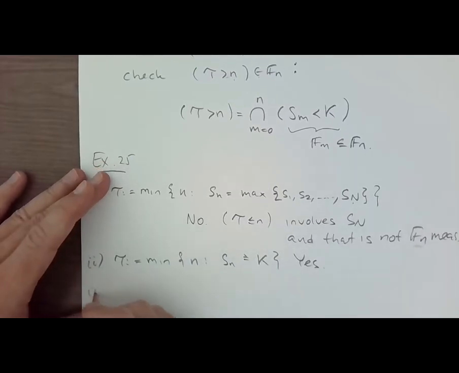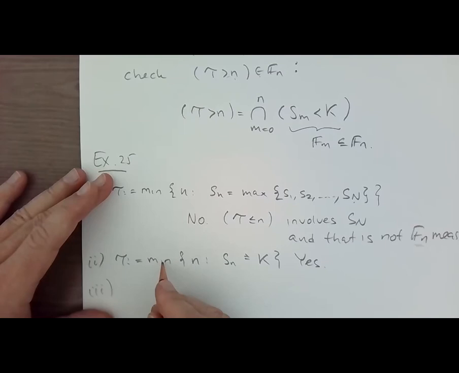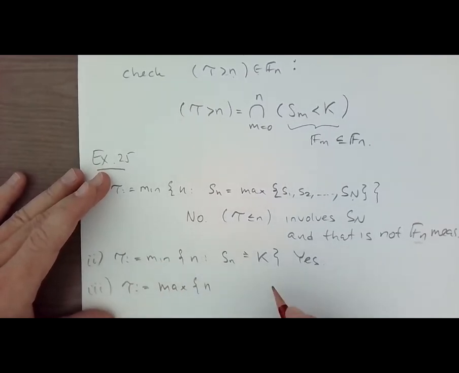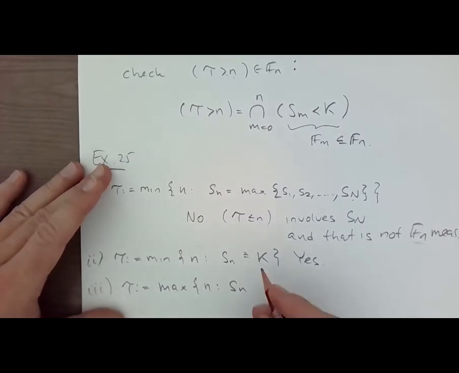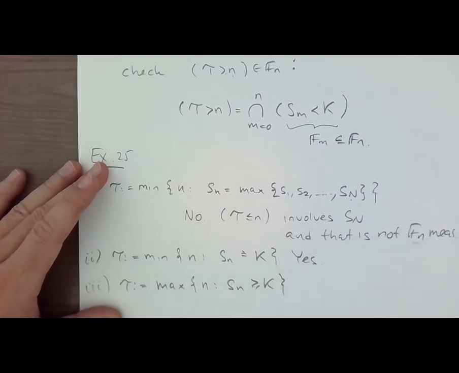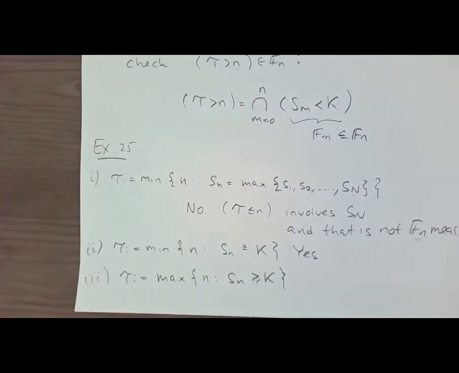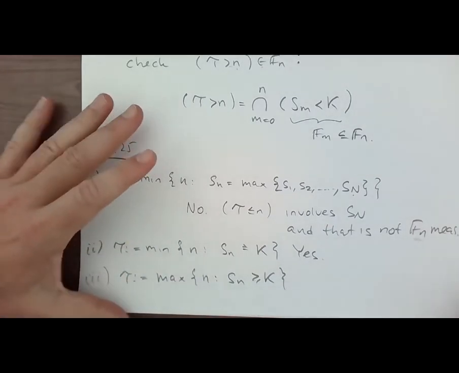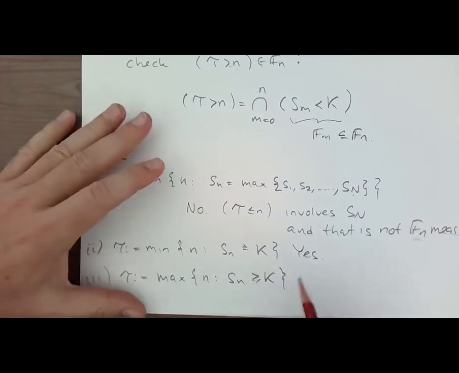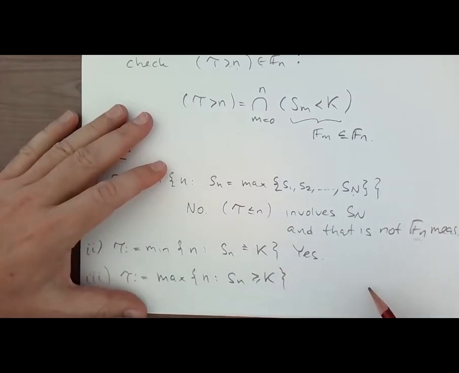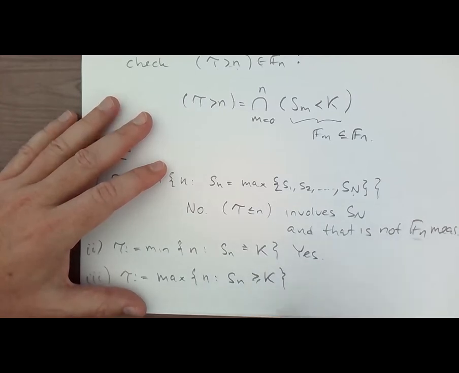And this third one, instead of a min, you put a max. This is the last time that the stock price is bigger than K. So again, you're talking now about the last time that you're above K. Would you be able to tell at time n whether or not the stock price has reached the level K for the last time? No, this also involves the future. So this is a no.